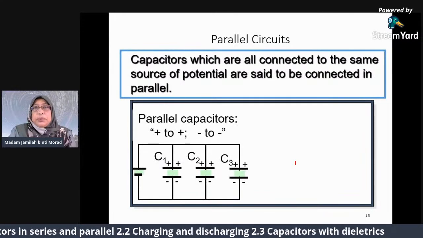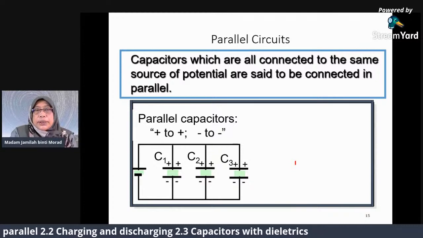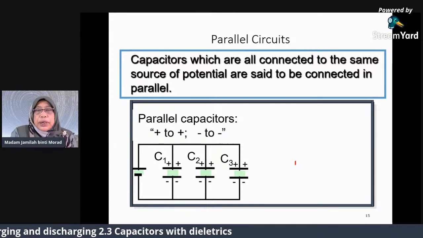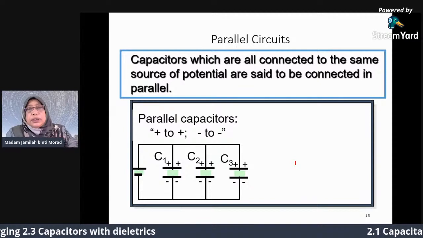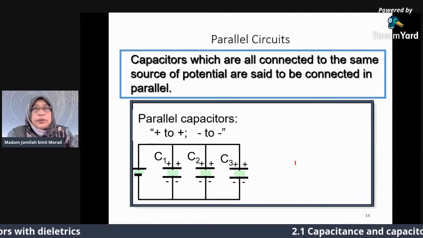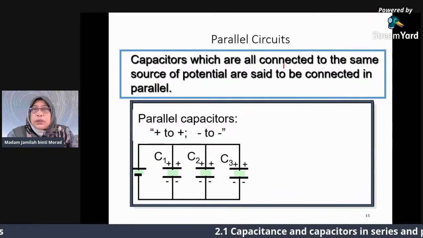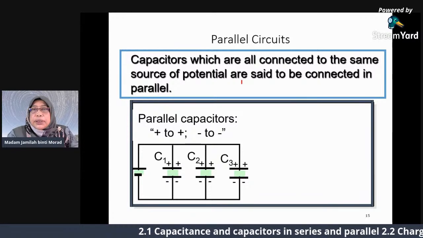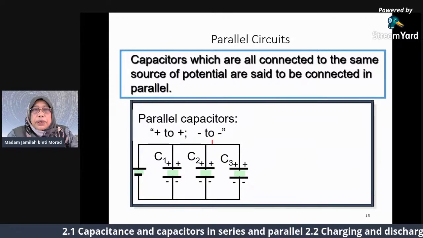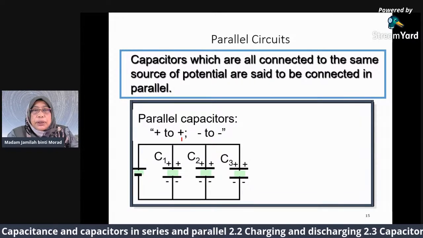Okay, we move on to the parallel circuit. Here you have three capacitors connected in parallel. Capacitors which are all connected to the same source of potential are said to be connected in parallel, referring to the circuit diagram here.